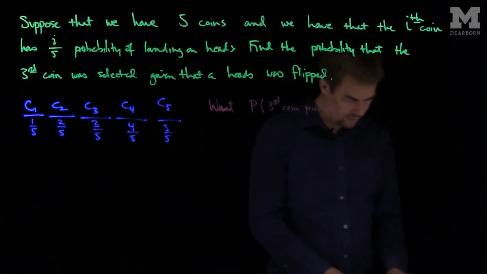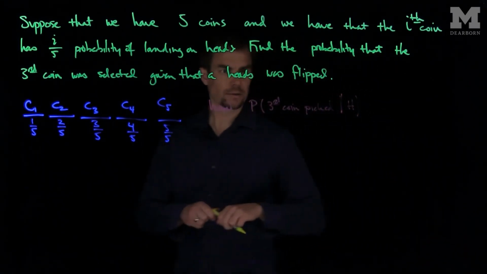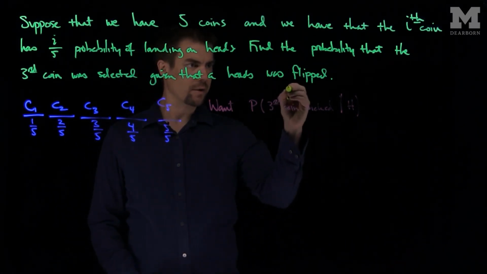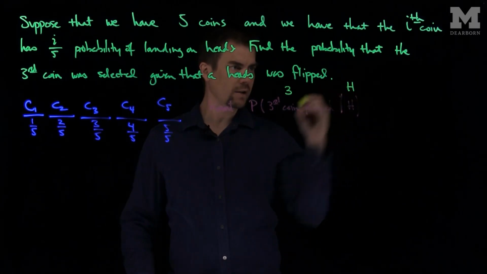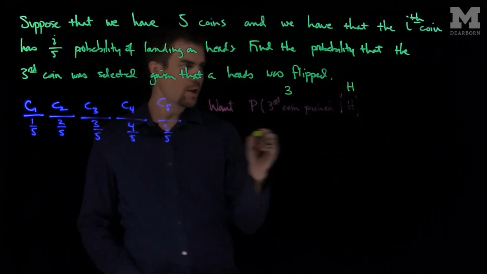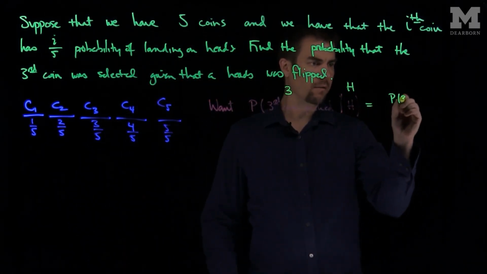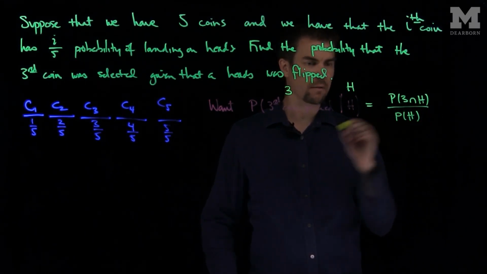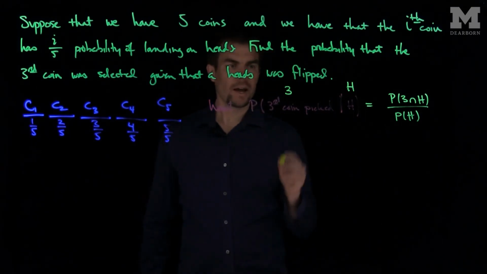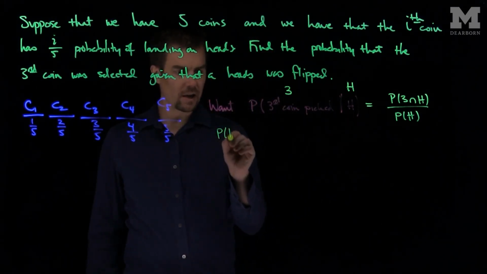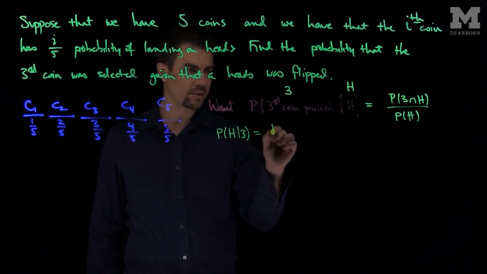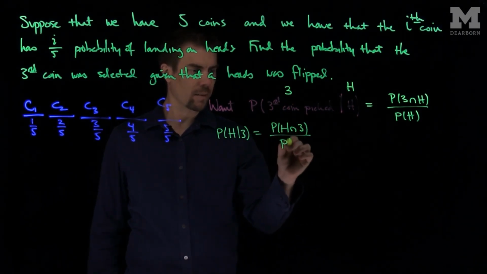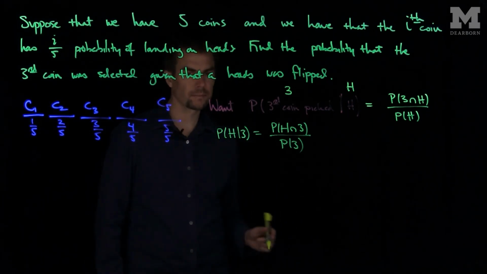Let's call this event the third event, 3, and let's call this event H. We know that this is equal to the probability of 3 and H over the probability of H. And if we flip these roles, we know the probability of H given 3 is also the probability of H and 3 over the probability of 3.